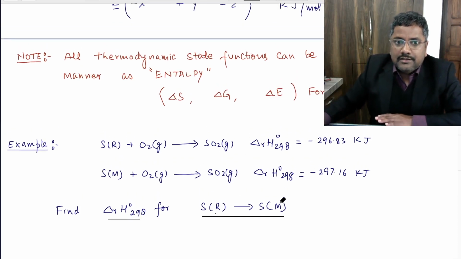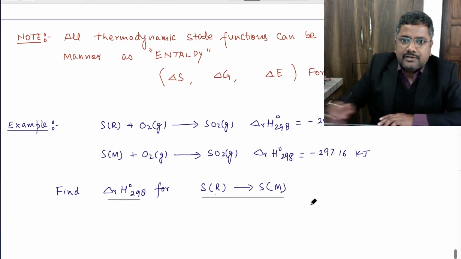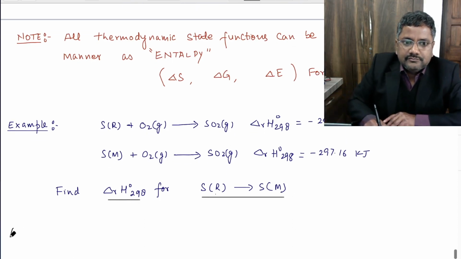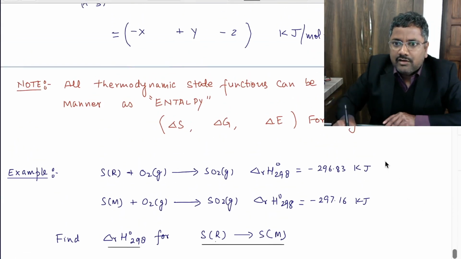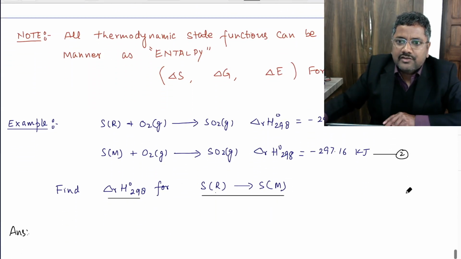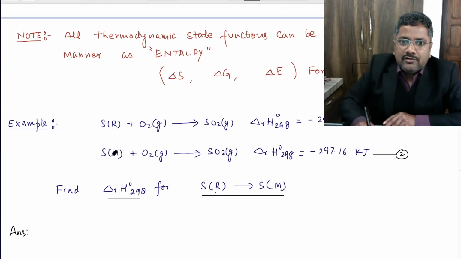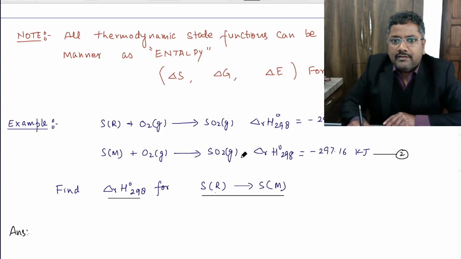So how to get this reaction? Suppose this is equation 1, and this is equation 2. So algebraic manipulation is required. You want this sulfur monoclinic on the right hand side and this on the left hand side.